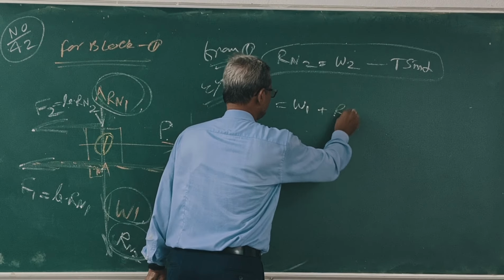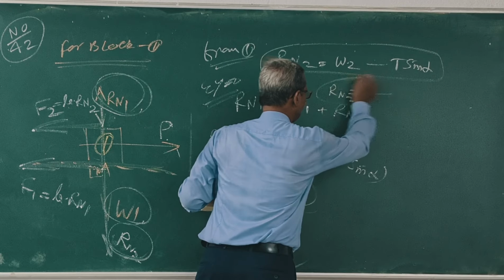Clear? So W1 plus Rn2, where Rn2 is W2 minus T sin alpha. So find Rn1. All values we have. We have calculated the value of Rn2, and now find out the value of Rn1. Clear?